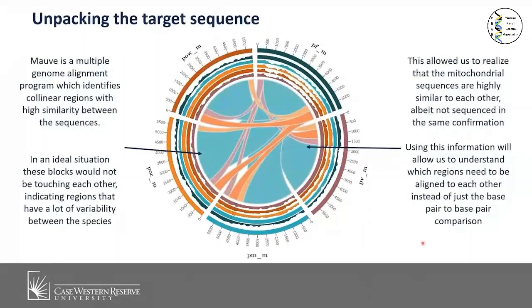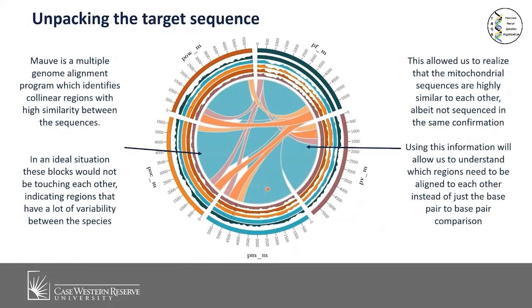Finally, we actually have one more circle to move in, and that is these different ribbons that you see in the middle. And what this is, is a Mauve multiple alignment comparison between the species. And what this does is it takes all of the different genomes and separates it into these things called LCBs.